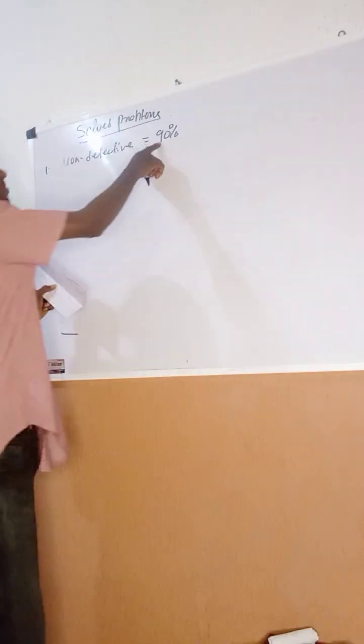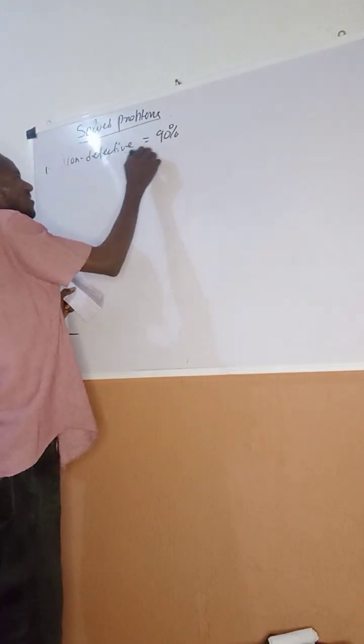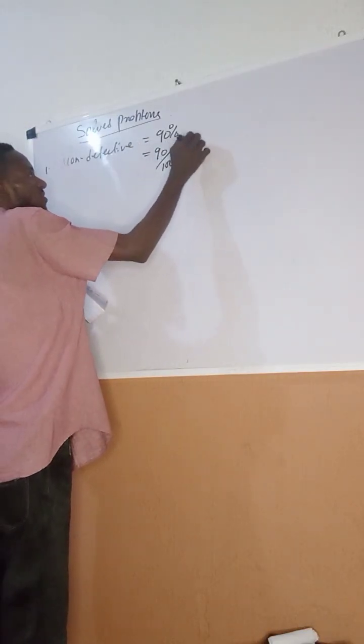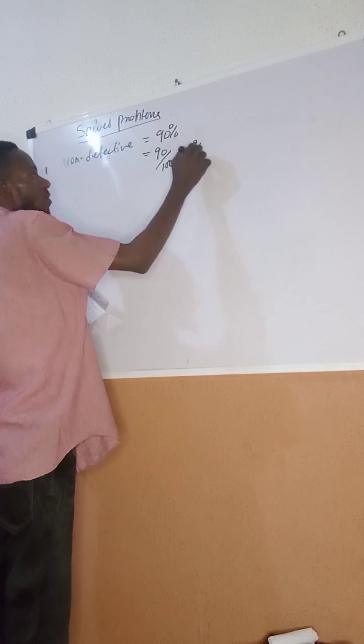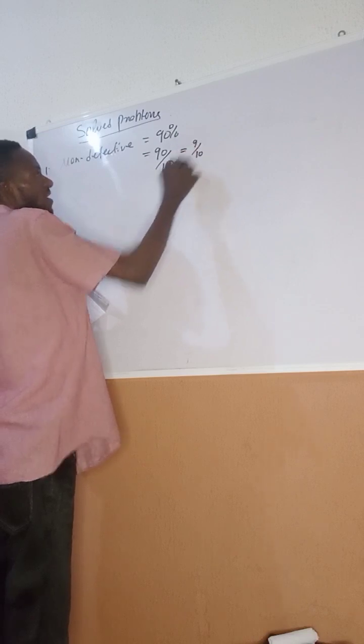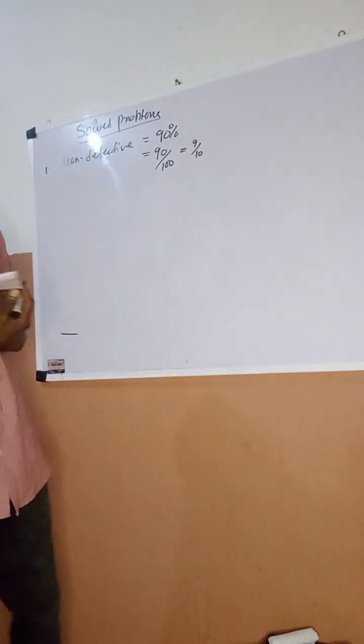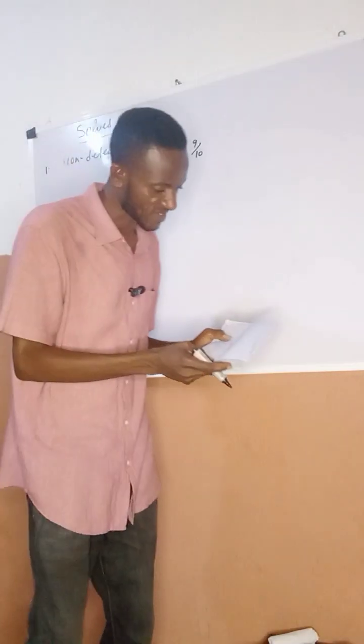And of course, you know quite well that this 90% means 90 over 100, which becomes 9 over 10.